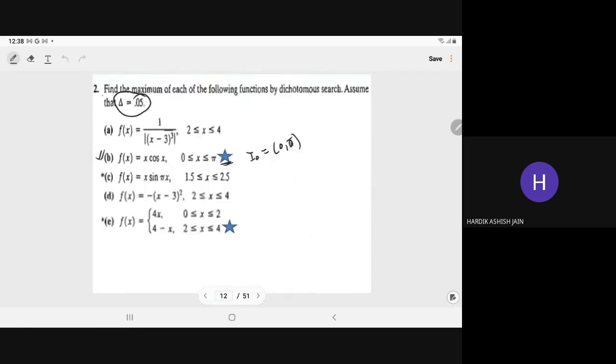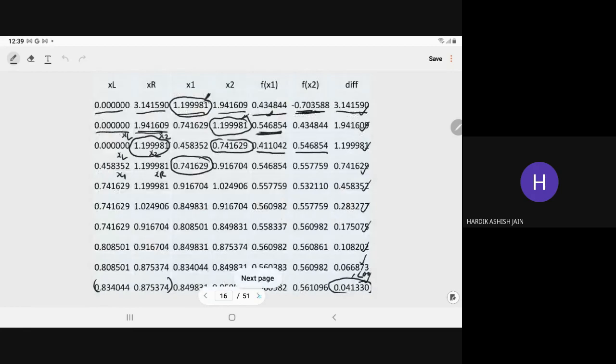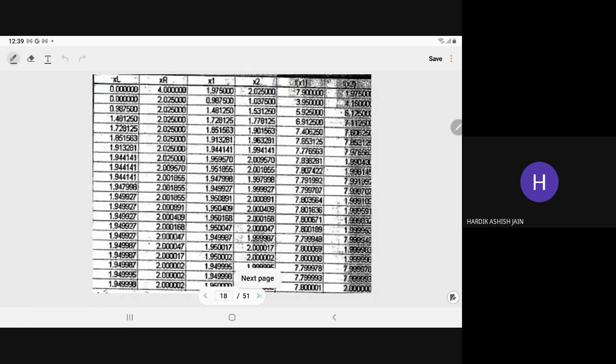If you solve the next question, fx is equal to 4x(4 minus x) in the interval 0 to 2, 2 to 4. Here we take the first interval as 0 to 4.